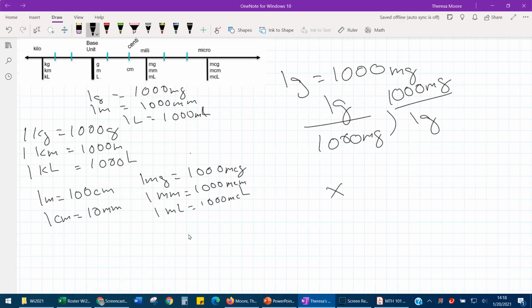Okay, so if we have some number of grams, 0.02 grams, and we want to know how many milligrams that equals? Well, to do it the dimensional analysis way, you're going to take your 0.02 grams. You can leave it or put it over 1.